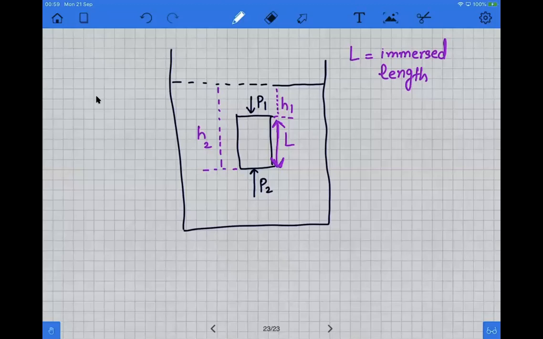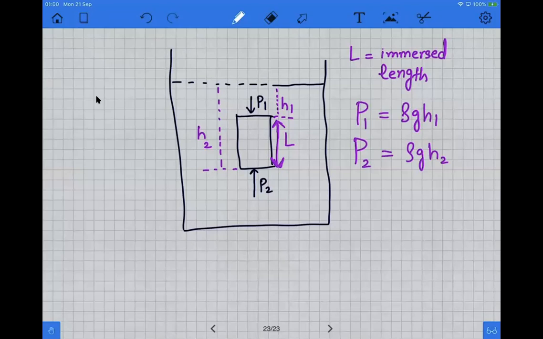Then the formula for P1 is P1 equals rho G H1, and P2 equals rho G H2.